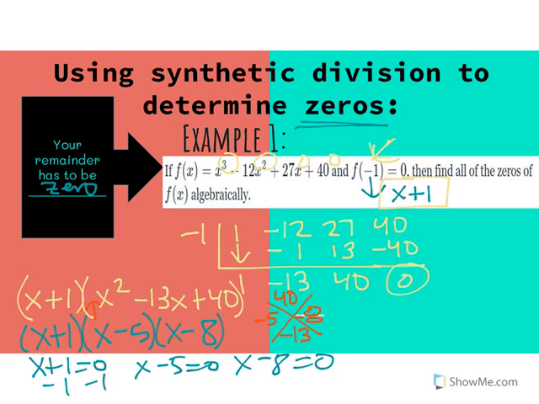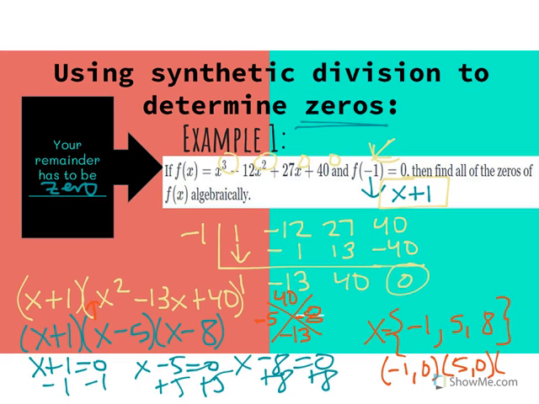So I'm going to subtract 1, add 5, add 8, and I know that all my values I'm going to list from least to greatest. So my negative 1 is first, then I have 5, and then I have 8. And again, these are points on your graph. You could write them as points too, where your x is going to be the value, your y will be the 0, and that's how you'll also see them as points. And those are your x-intercepts.